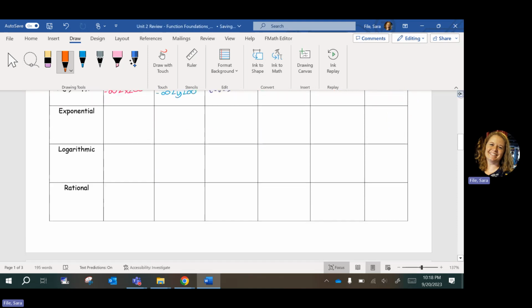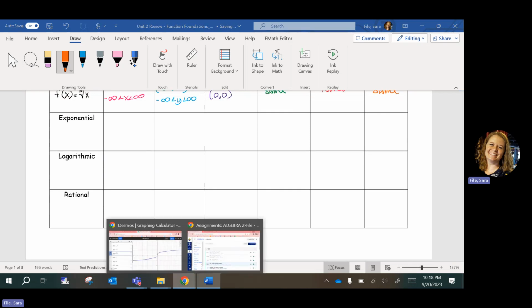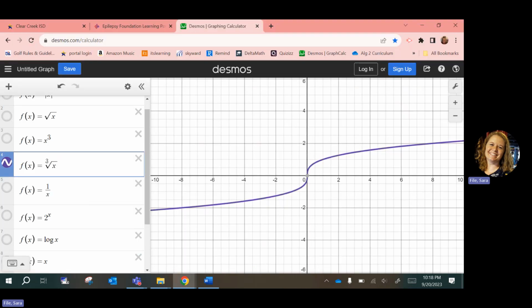Okay, so exponential. I'm going to go back to Desmos and turn off the cube root function. Turn on the exponential. Now, when you're looking at the exponential in Desmos, if you type in b to the power of x, it's not going to graph anything because you haven't selected a b value, a base value. So we use 2 just to get an idea to see the parent function.